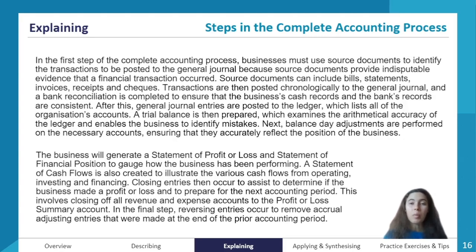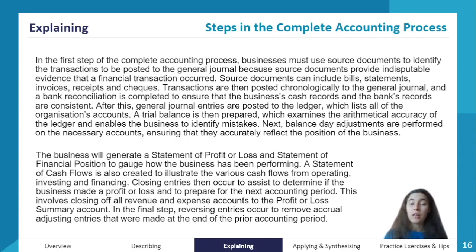So you're giving a little bit more information there by showing your understanding of what that statement involves and what value it provides. Closing entries then occur to assist to determine if the business made a profit or loss and to prepare for the next accounting period.